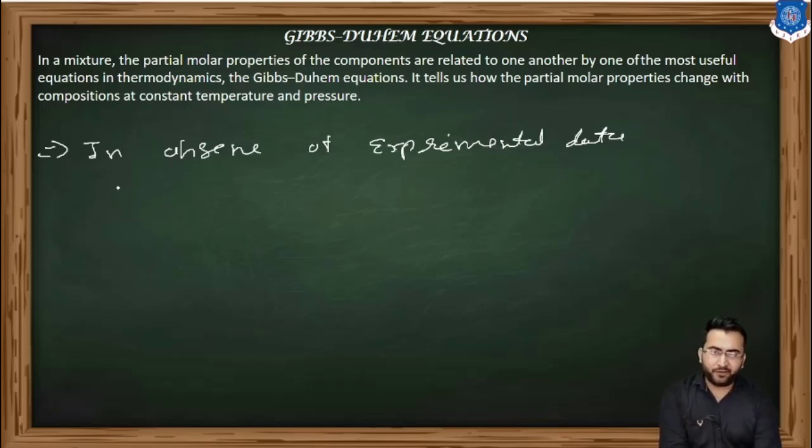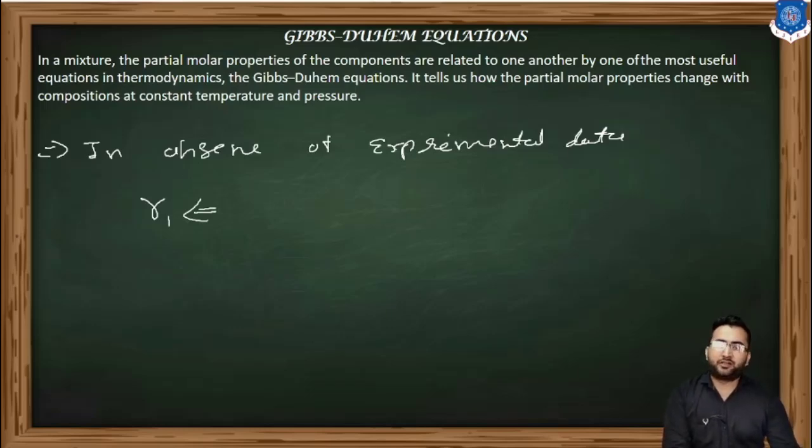For example, if experimental data are available for the activity coefficient of component 1, then using this data we can find the activity coefficient of the other component over the same concentration range using the Gibbs-Duhem equation.